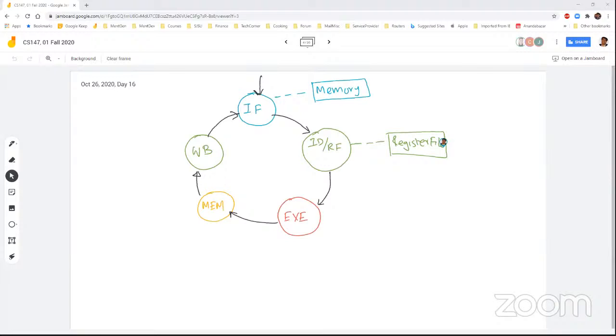And execute is more related with the ALU. Then your memory stage is, of course, related to the memory, but it's the data part. So this is the data memory, whereas this was the instruction memory.